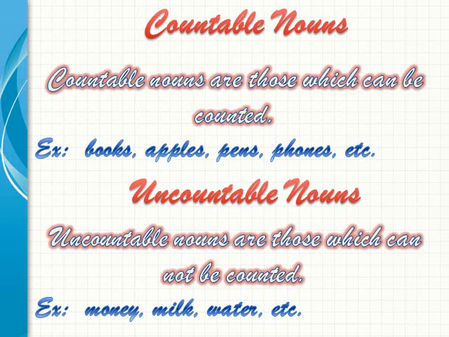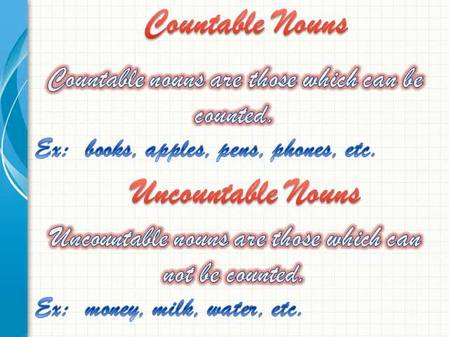And when we discuss nouns, we know that we have different types of nouns. Here we will be discussing countable nouns and uncountable nouns. These are very simple things which you have learned before.